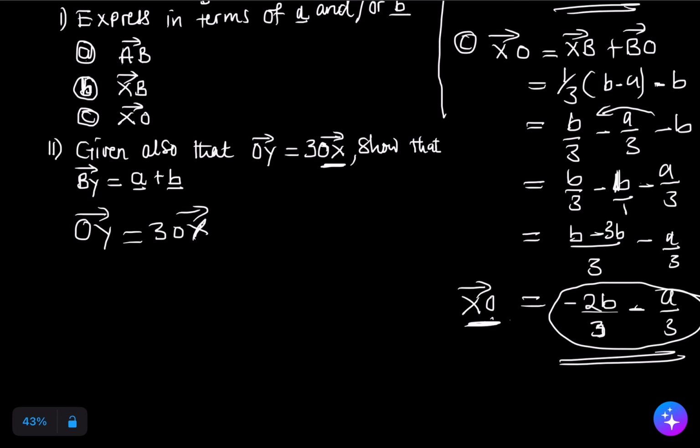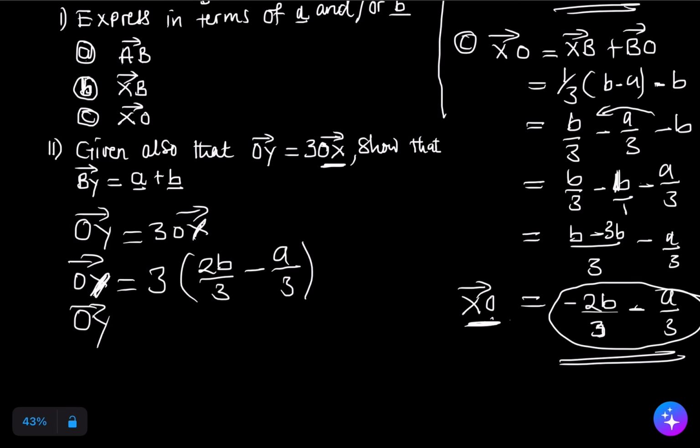So what we do, we say OY will be equal to 3, open brackets, 2b over 3 minus a over 3. Then we multiply with what is outside the brackets.